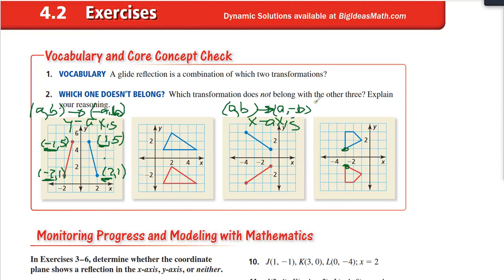It would be following the same rule. This point here is the point -1, 2, and this one is -1, -2. The x stayed the same. It was the y that changed signs.